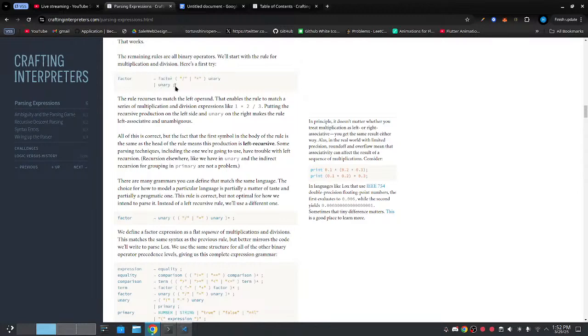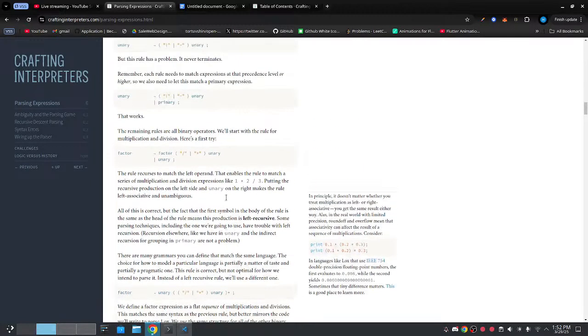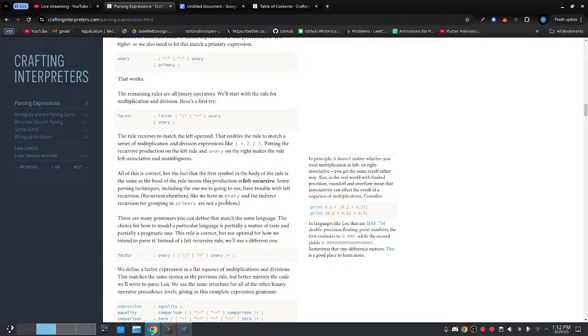And in case it gives only one time, unary then slash or star unary. In that case, factor would be replaced by unary, and all of the things would remain the same.